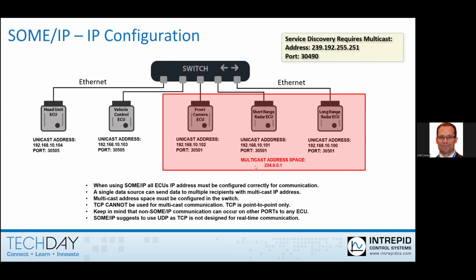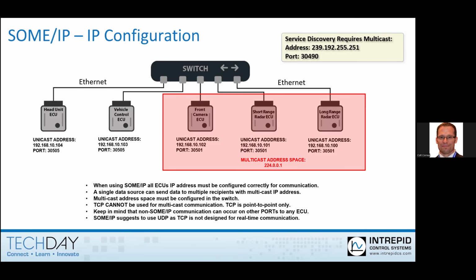And then also on this slide, we're showing that there can be a different multicast address space for data to be transferred. So it would be theoretically possible for one of these ECUs, let's say the front camera, to offer a service of camera data and send that out on a multicast address space. You could send the event data out on a multicast address space, and that potentially then would enable more than one ECU to receive that data.